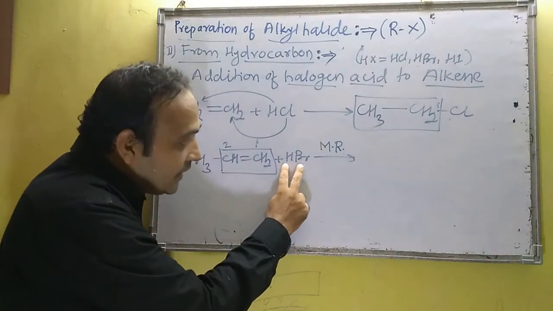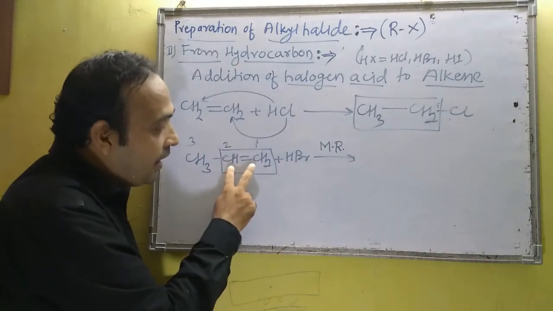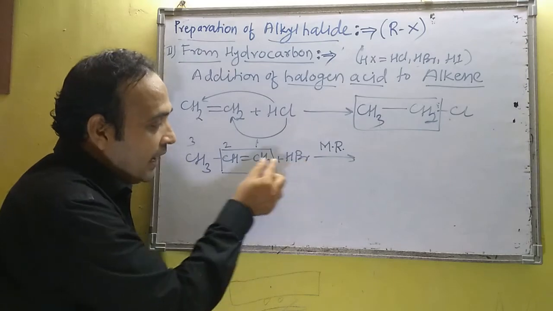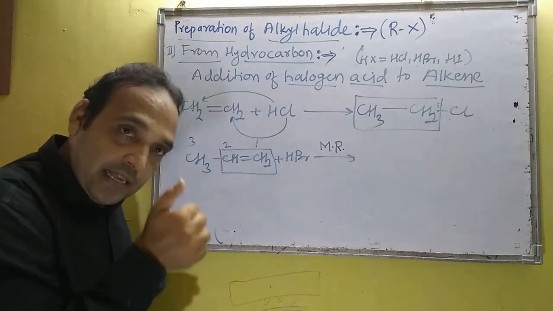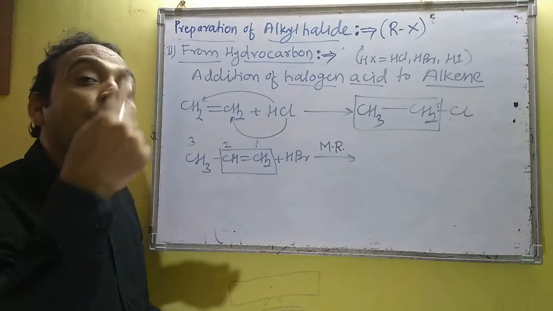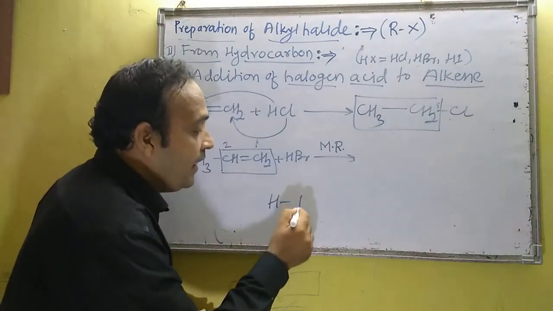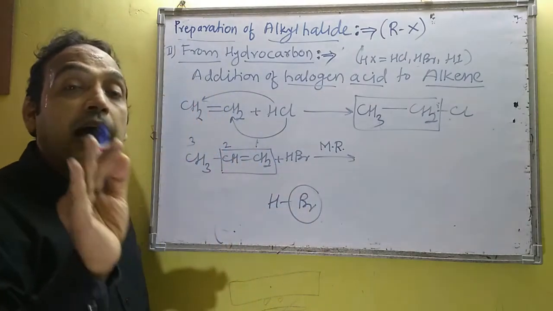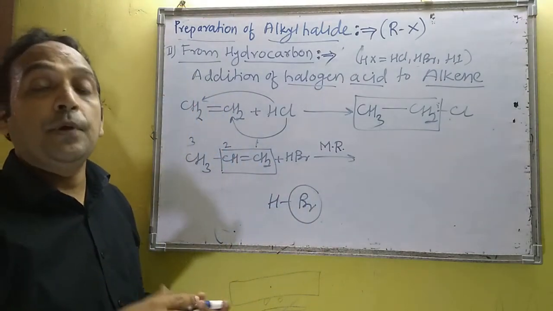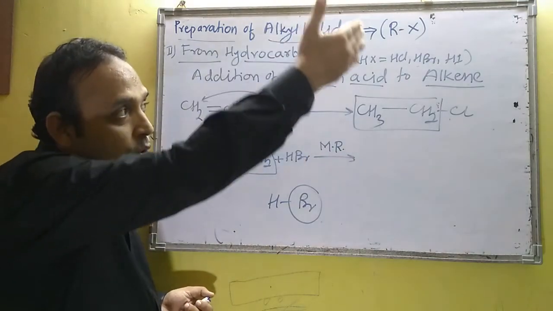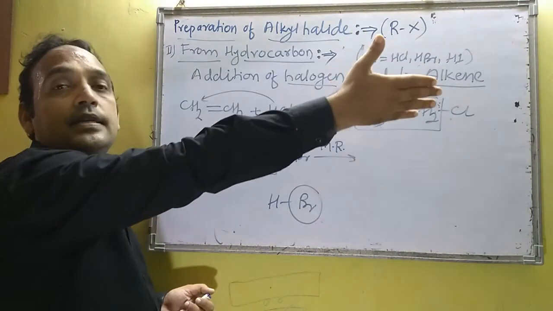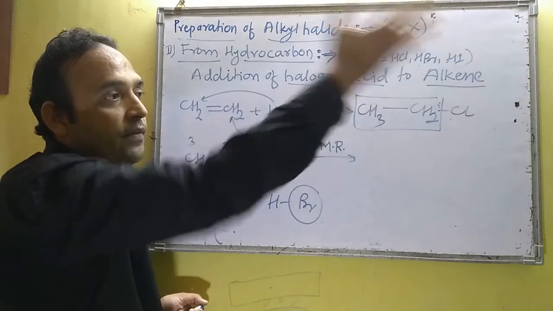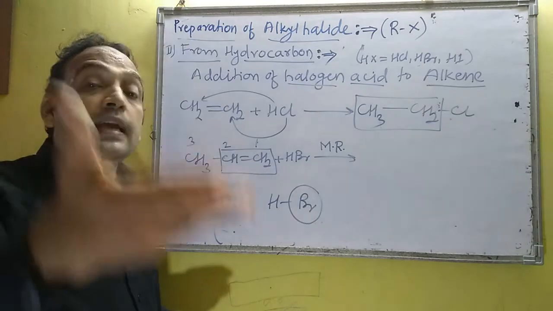When an unsymmetrical reagent is added to an unsymmetrical alkene, there is a negative part of the reagent. In case of HBr, the negative part is Br because Br is highly electronegative. In the periodic table it belongs to group 17, the extreme right-hand side, and when we move from left to right, electronegativity goes on increasing.